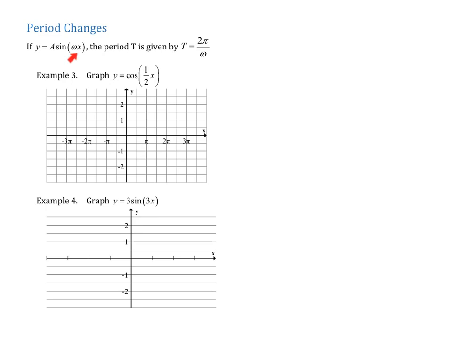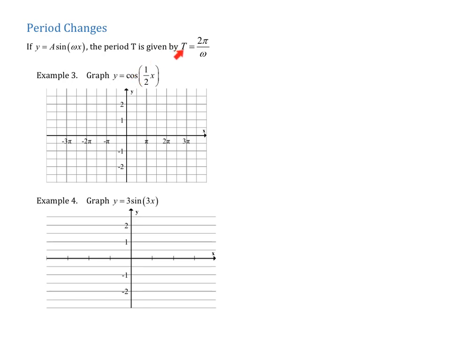Period changes are going to happen on the inside with the x inside the sine function, and this is a Greek omega, so you're going to say a sine omega x. The thing we need to remember about horizontal changes is whatever they say, we actually do the opposite. So for example, when I say cosine of half x, that is actually going to be a horizontal stretch by a factor of 2.